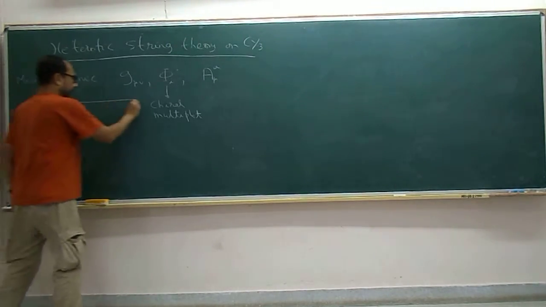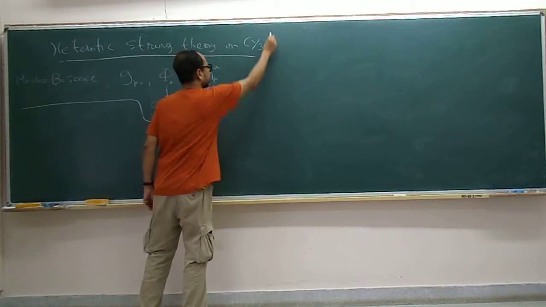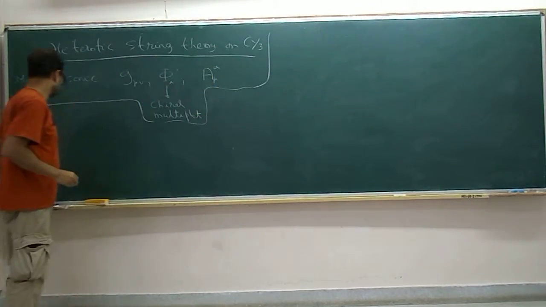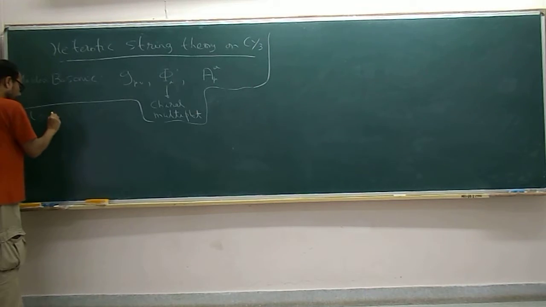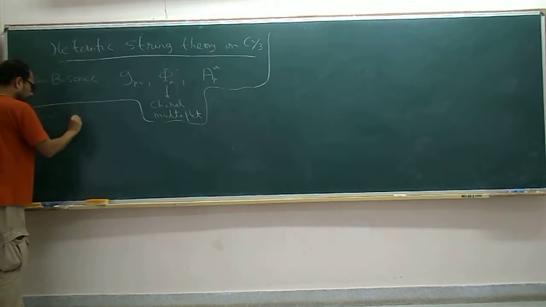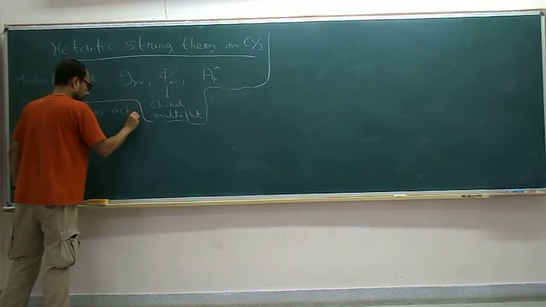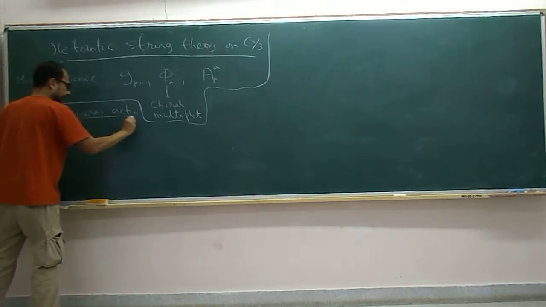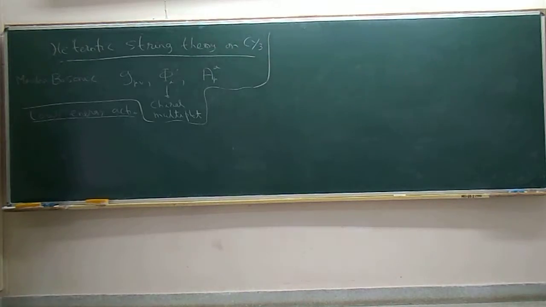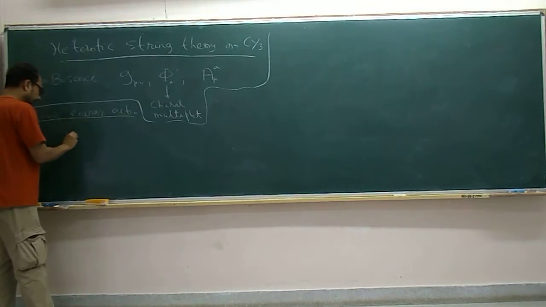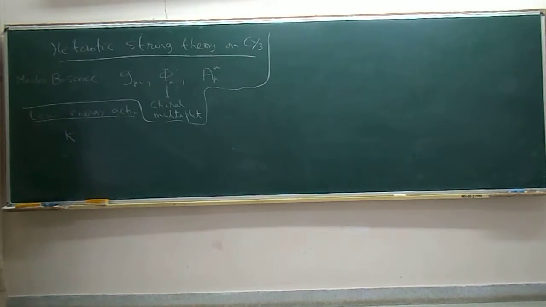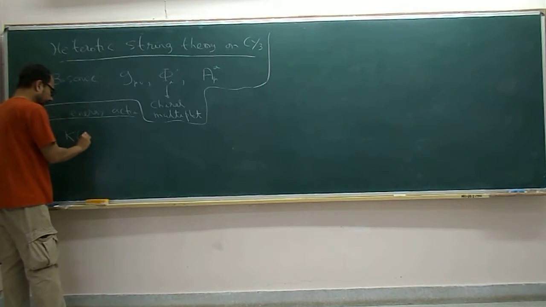So, the low energy theory action. It turns out the low energy action is controlled by several functions. First of all, there is the scalar potential, which will be a function of phi and phi bar.